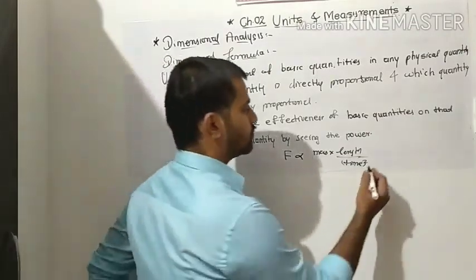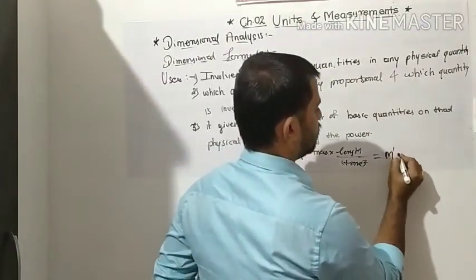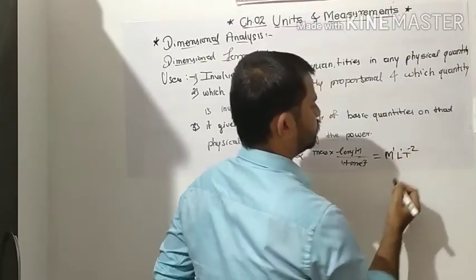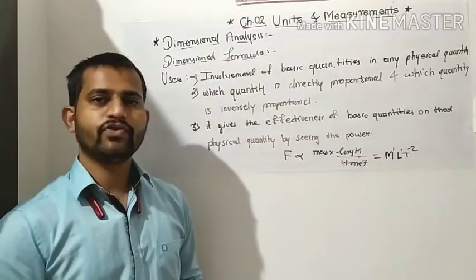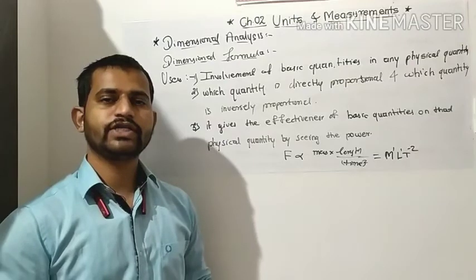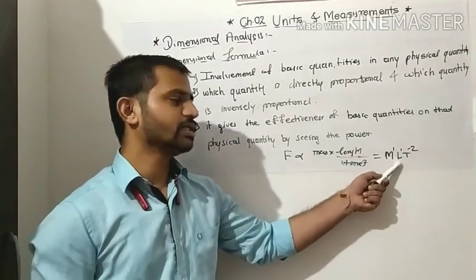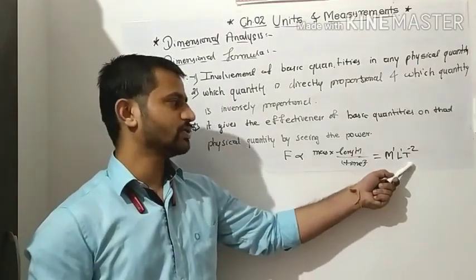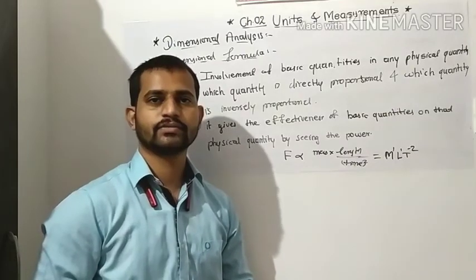By looking at the powers, we get m raised to 1, l raised to 1, t raised to minus 2. Which is more effective among the mass, the length and the time? The time is more effective, because the time has the more power.